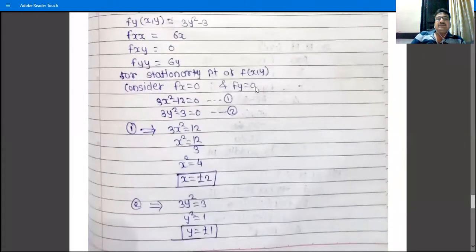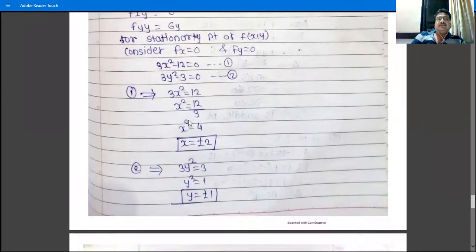Then stationary points. How can we find stationary points or critical points? Consider the equations fx equal to 0 and fy equal to 0. By solving these equations 1 and 2 simultaneously or independently, find the values of x and y, and that gives the critical points or stationary points.